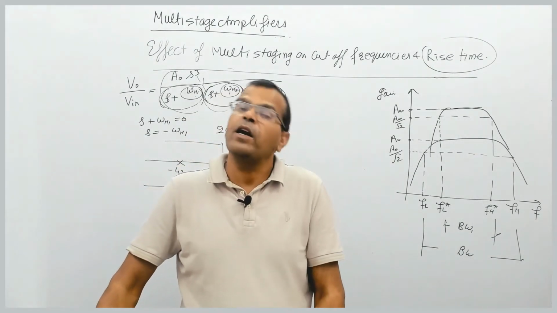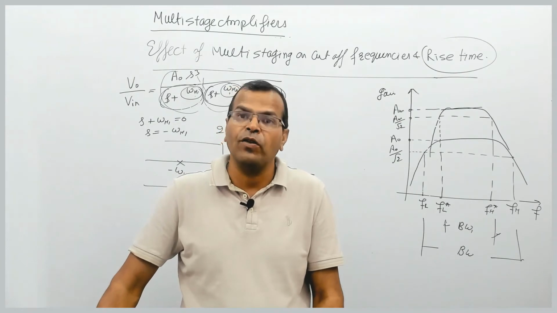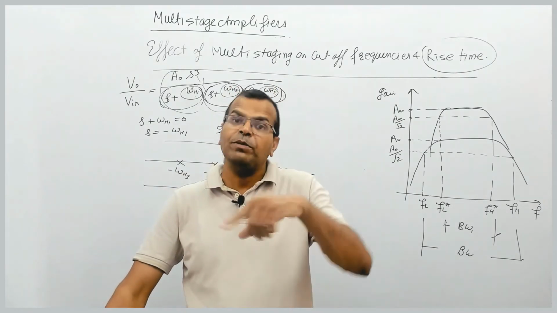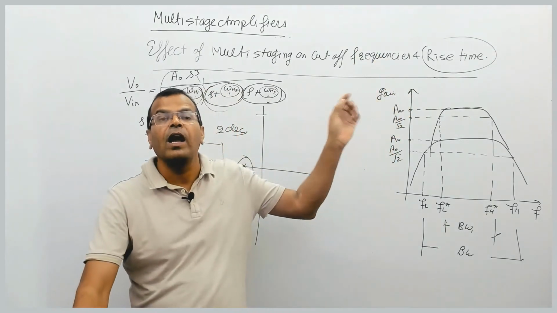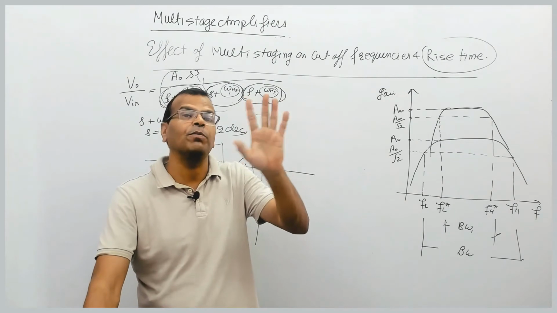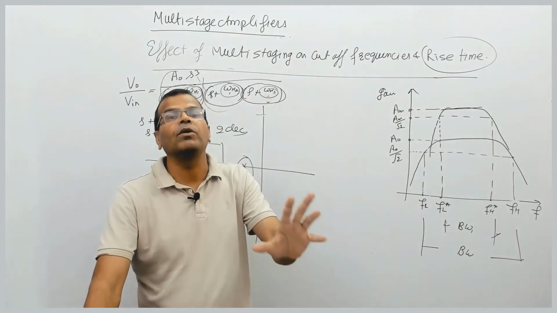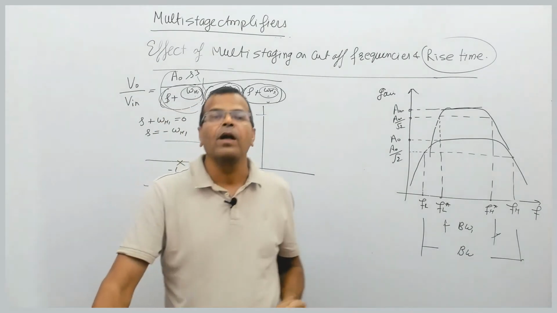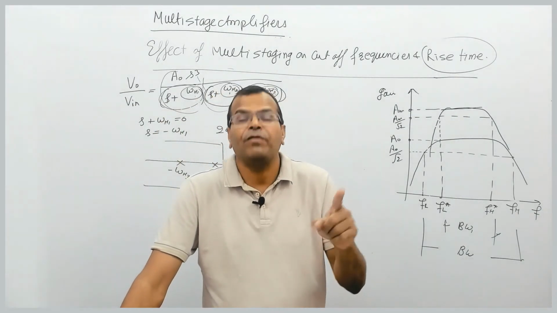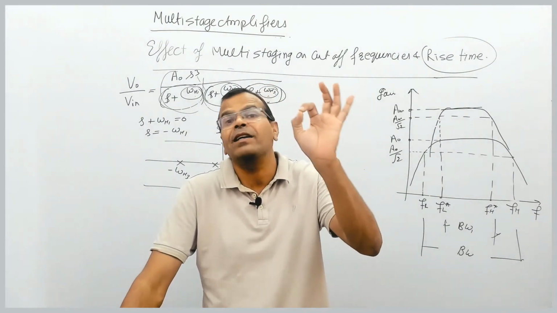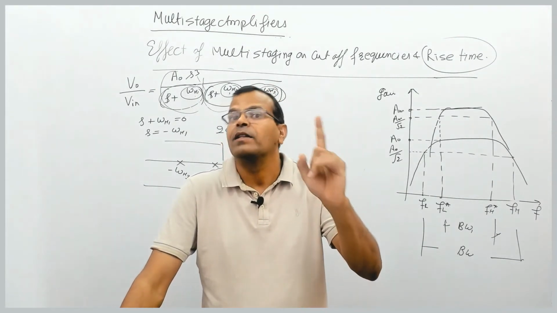Fine. In the case of lower cutoff frequencies, it is the other way around. A pole which is at least 4 times greater than the other poles is the dominant pole. So the concept of dominant pole should be very clear to you, because it is a theoretical type of question for Engineering Services prelims. So the pole which is smallest for high frequency response, smaller by at least a factor of 4, is the dominant pole.